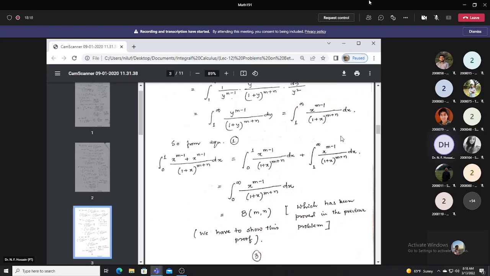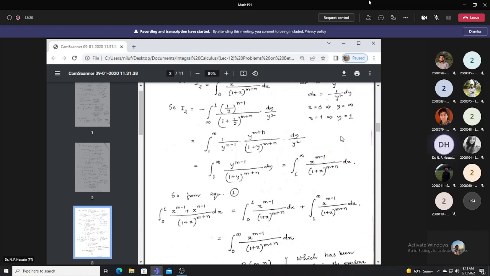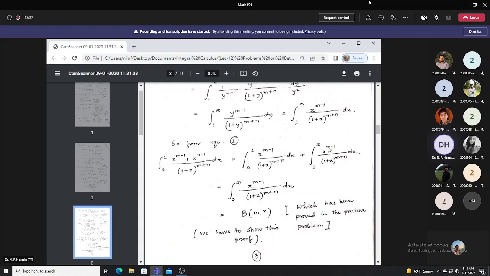So this is also true if in place of m we have n, no doubt in it. So now the function is exactly the same, but the limits are 0 to 1 and here 1 up to infinity.